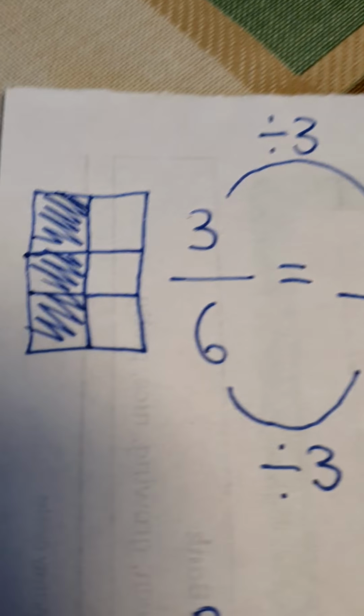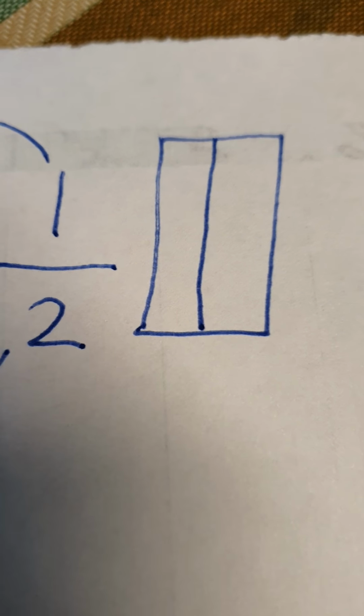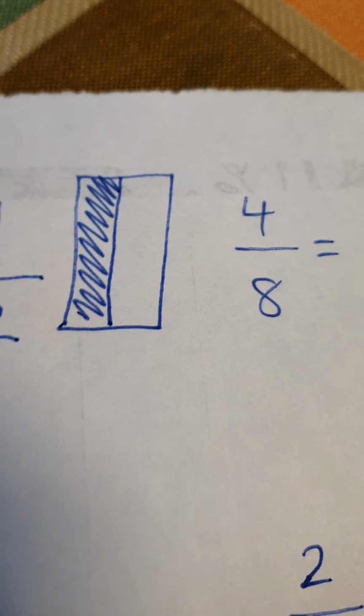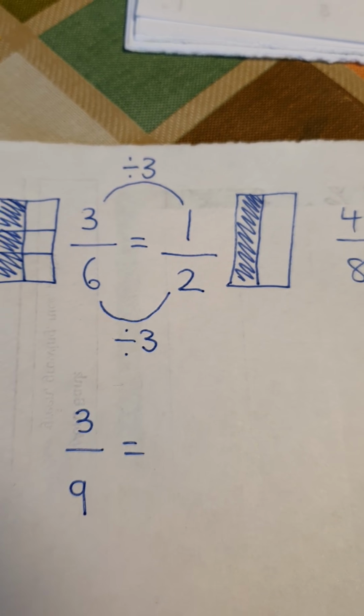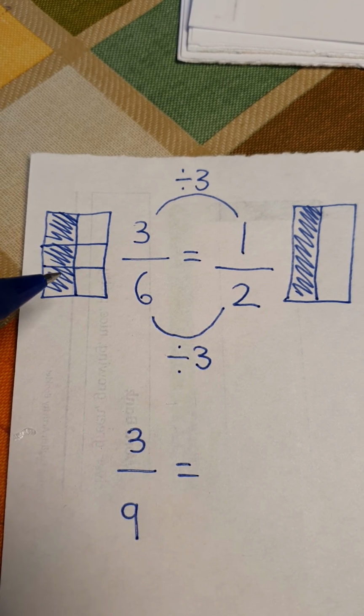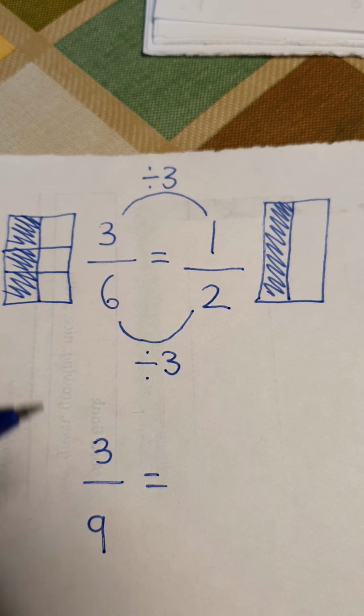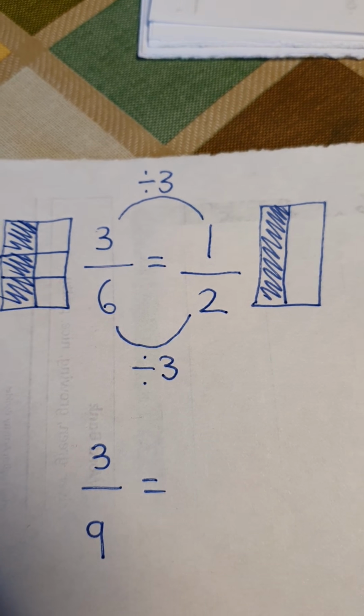We've coloured in 3/6. If on the other side we colour in half of the shape, there we go, it's coloured in half, we'll see that the amount coloured in of this rectangle is the same as this bit coloured in on this rectangle.